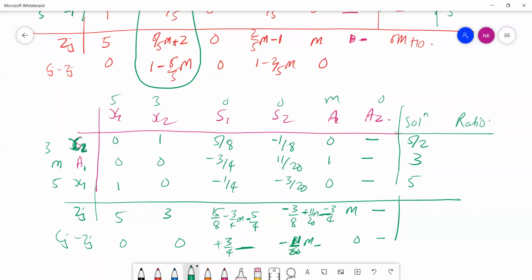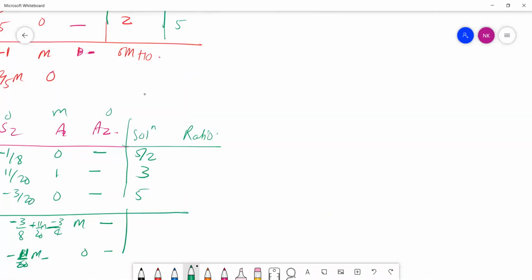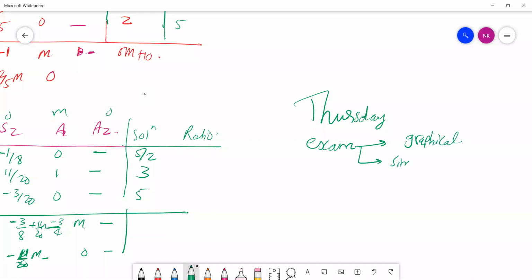More importantly, just take a note of one thing. On Thursday, that is exactly 1 week, in the same lecture, the next week, we would be having the exam. The exam will include graphical method and simplex method and BigM method.